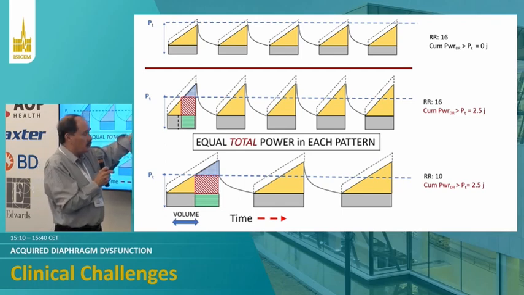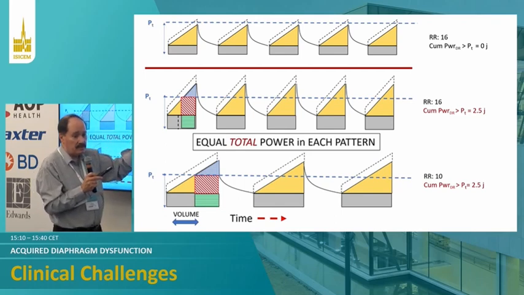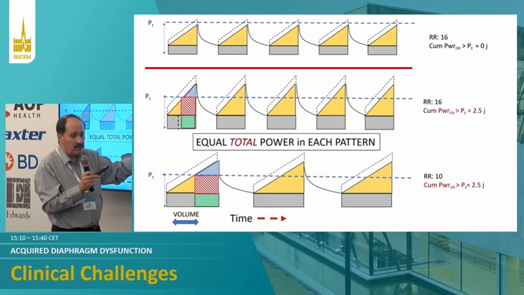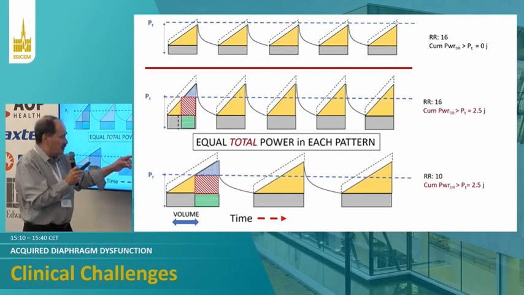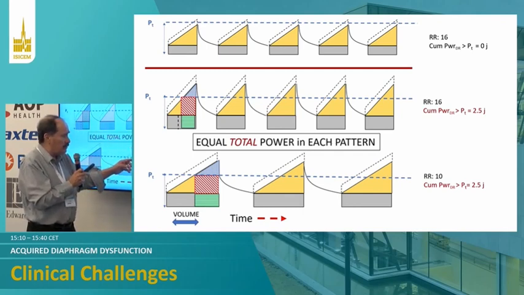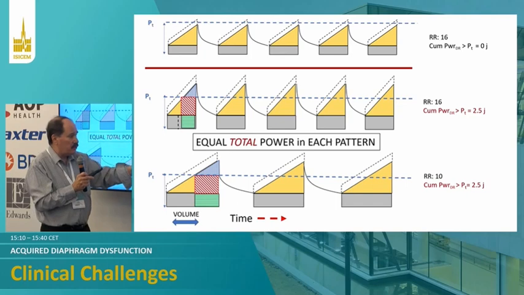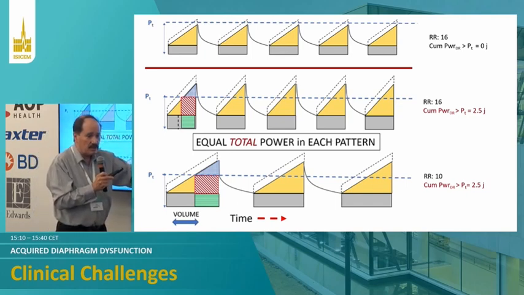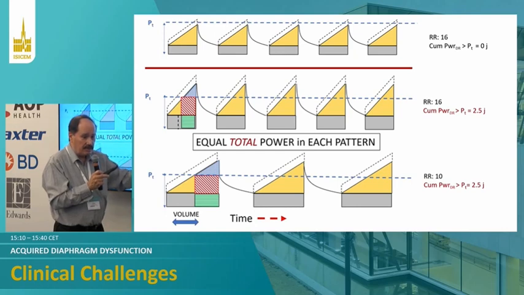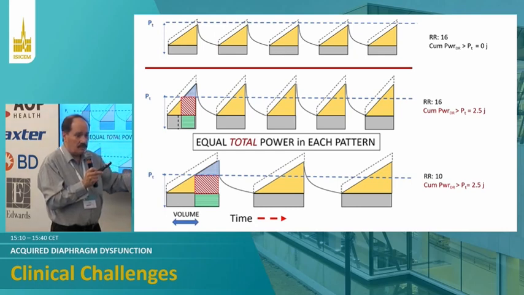Well, that's the threshold at which the power then delivers. Any further increase in tidal volume and pressure will contribute to damaging energy. And here, there's more of that going on per cycle, but you've got fewer cycles, but the cumulative amount is the same, because the frequency times the intracycle damaging power is what we're concerned about.